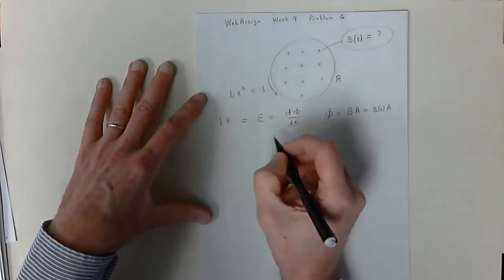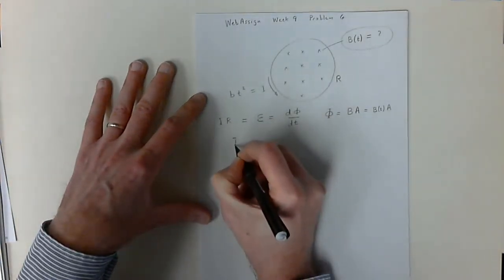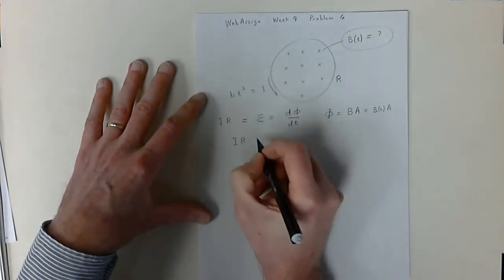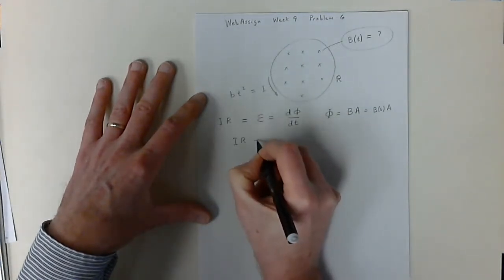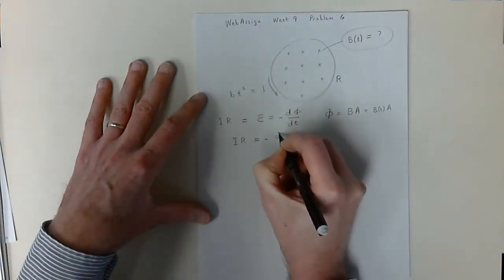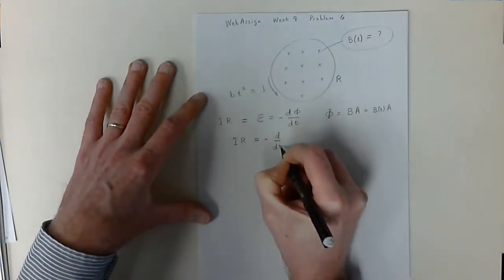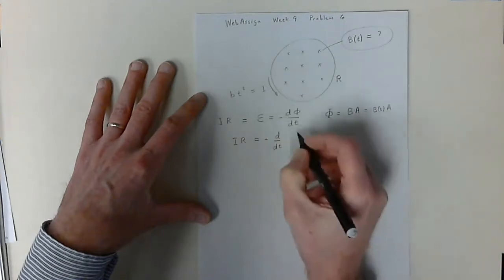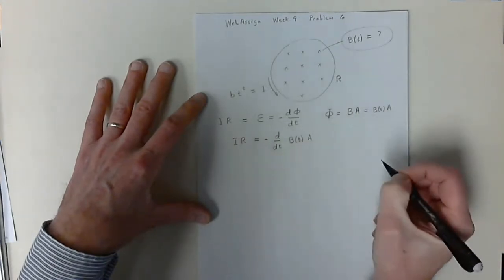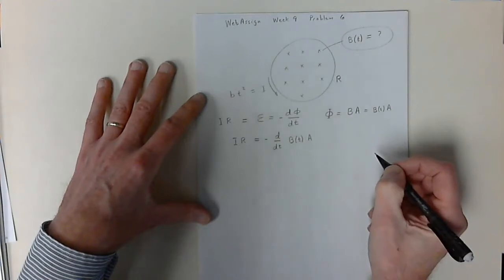So one could keep going with this and now just say that I times R, we could substitute in what I is as well here, but I times R, and there's a minus sign in here as well I didn't bother with, d by dt of phi. Phi is B times A. The minus sign really doesn't matter.